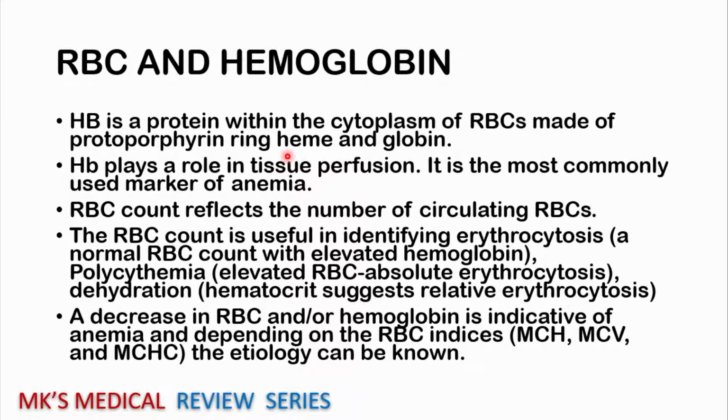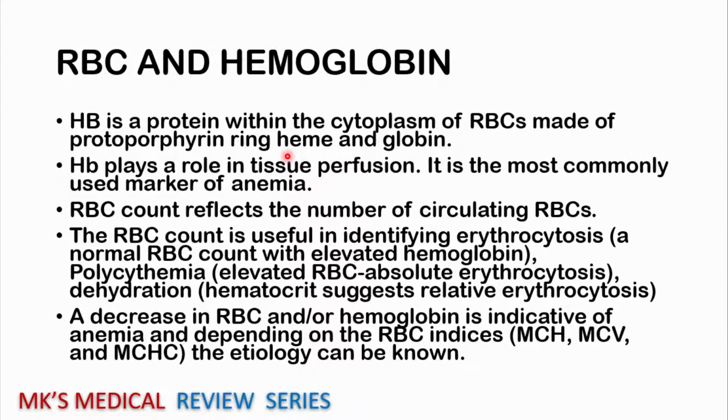And on the other hand, the red blood cell count reflects the number of circulating red blood cells. So this is a very useful indicator of erythrocytosis, which is simply a normal red blood cell count with an elevated hemoglobin. You can also use the RBC count to determine polycythemia, which is elevated RBCs, and you have absolute erythrocytosis.